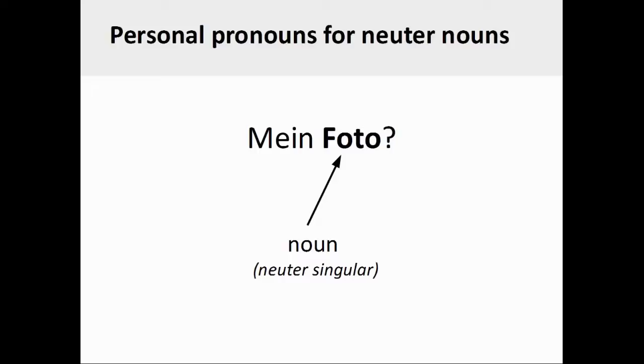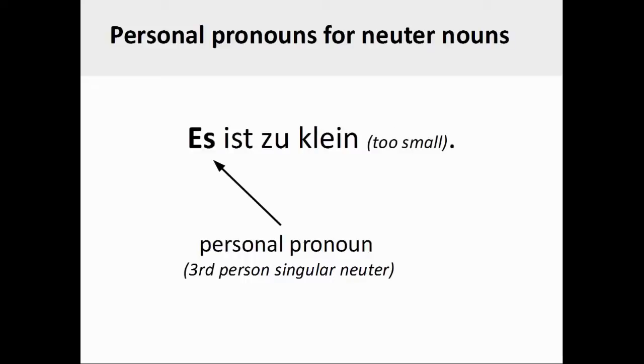The grammatical gender of the German noun Foto or photograph is neuter, and the number of the noun is singular. If you were to see the definite article of the noun here, it would be das. Since Foto is a neuter singular noun, the matching personal pronoun needs to be used: es, neuter, third person singular.